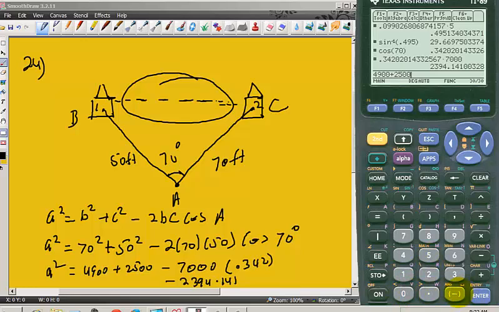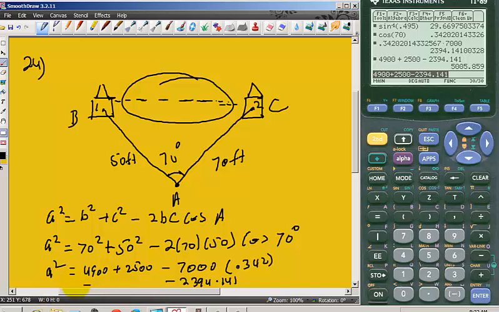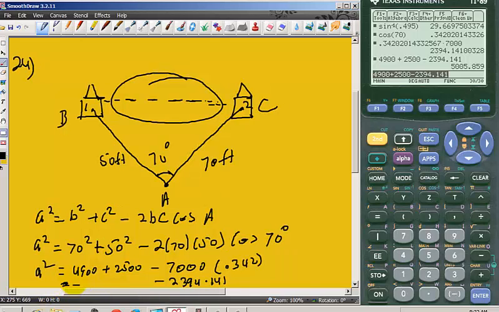Okay, and then I have a minus 2394.141. So this is 4,900 plus 2,500. That's my a squared. So my a squared is approximately 5,005.859. So my a is going to be square root of that.